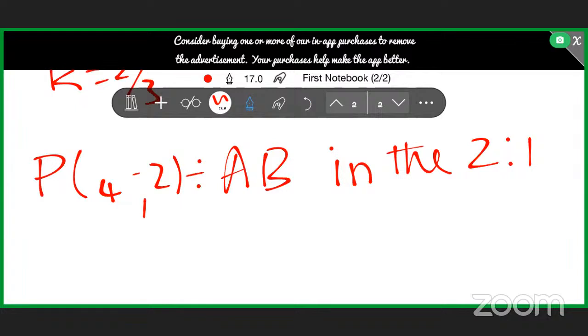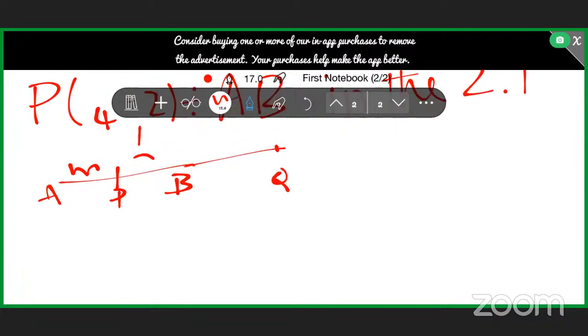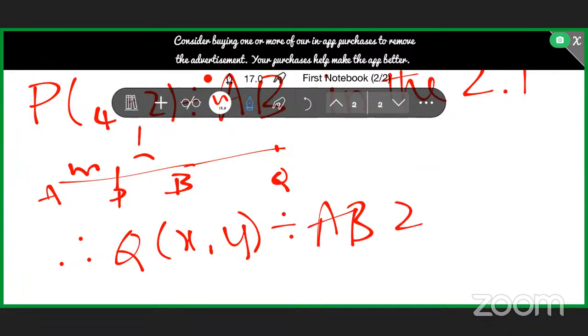So what we learned in the theory of harmonic conjugate is that, let us say, in the line AB, if P divides AB in the ratio m:1, then Q should also divide AB in the ratio m:1 externally. Therefore, Q (x comma y) divides AB in the ratio 2:1 externally. Understood?